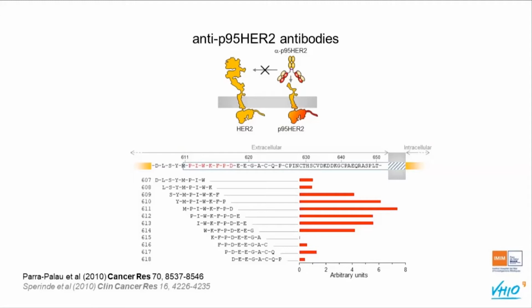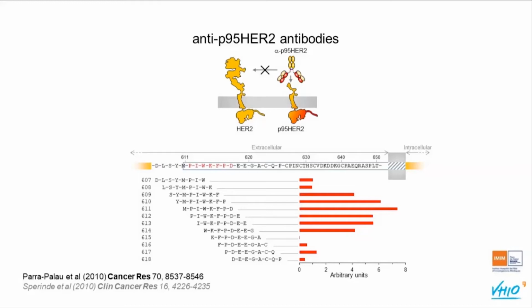And that turned out to be true. We developed antibodies against the peptide that is mapped in this slide, and those antibodies bound the fragment, but did not bind the full-length receptor. So we had specific antibodies against the truncated form of HER2.